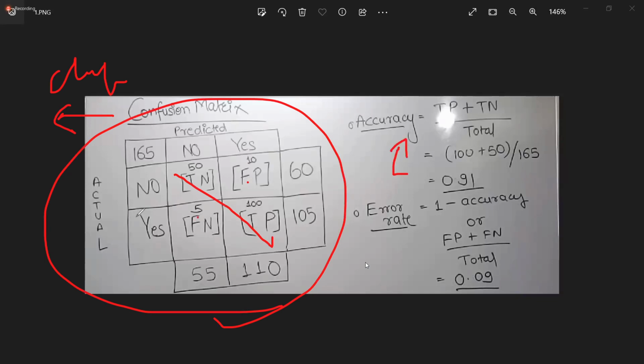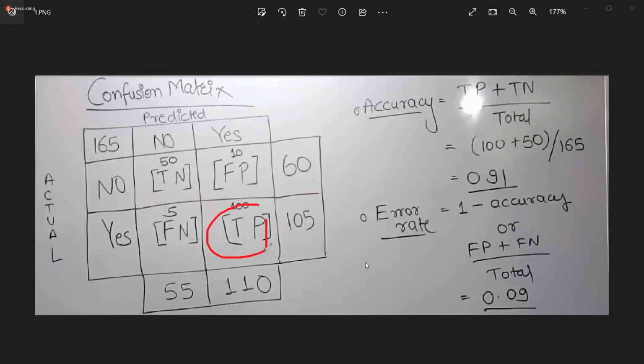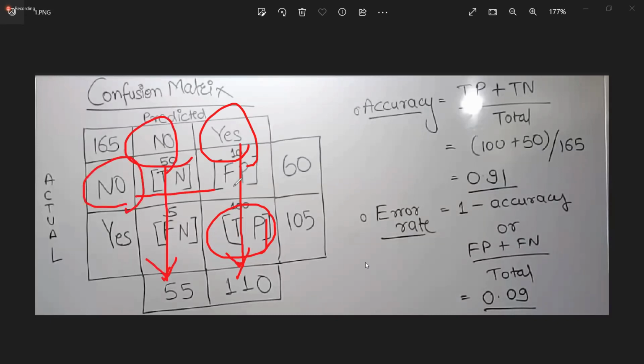FP plus FN by total gives you error rate. What is precision? Precision equals TP by predicted yes. This is predicted yes, this is predicted no. And this is actual no, this would be actual yes.